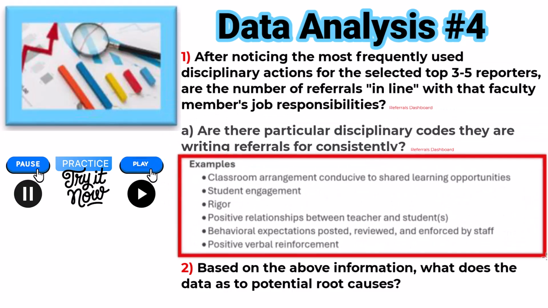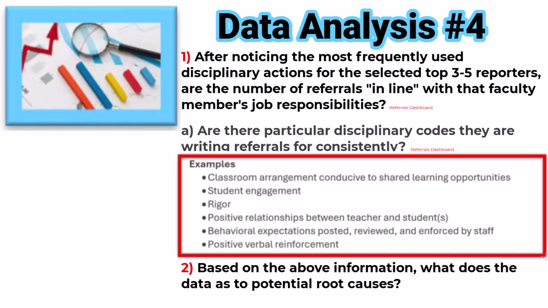Recall some examples for excellent Tier 1 instruction and support for desired behavior. Classroom arrangement conducive to shared learning opportunities, student engagement, rigor, positive relationships between teacher and students, behavioral expectations posted, reviewed, and enforced by staff, positive verbal reinforcement.